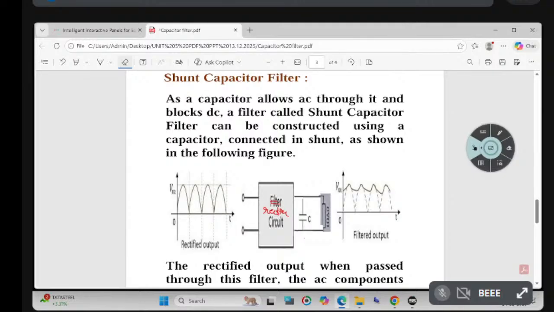Next one, block diagram of electronic instrumentation. Next question, today's sixth question. Fifth one is completed. Today's sixth question, block diagram of electronic instrumentation.